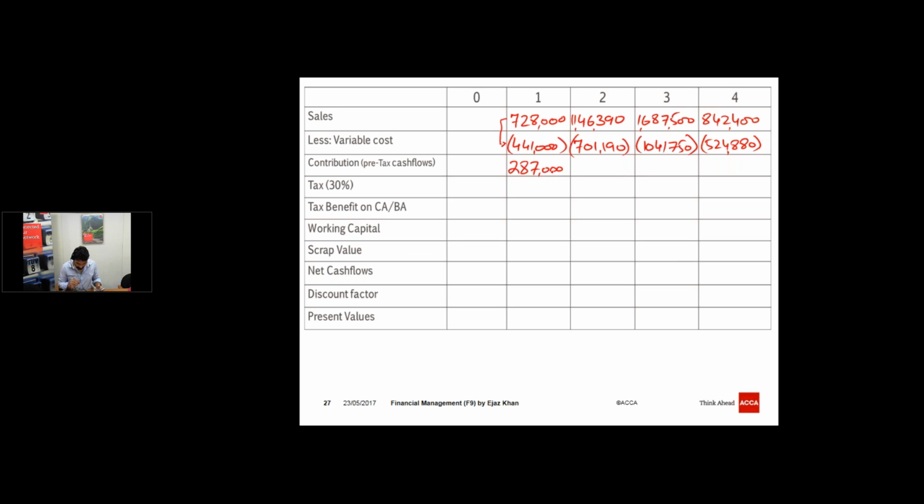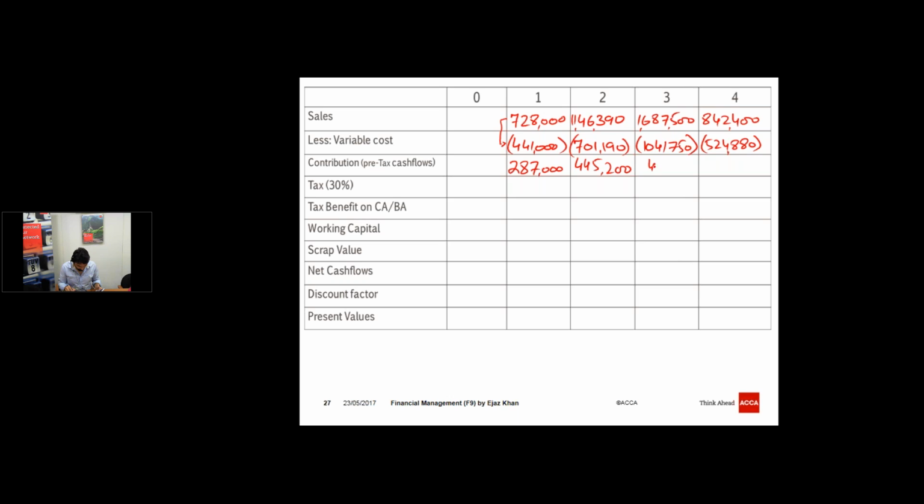287,000. 1146390 minus 701,190. So it's 445,200. Then 168,7500 minus 104,1750.